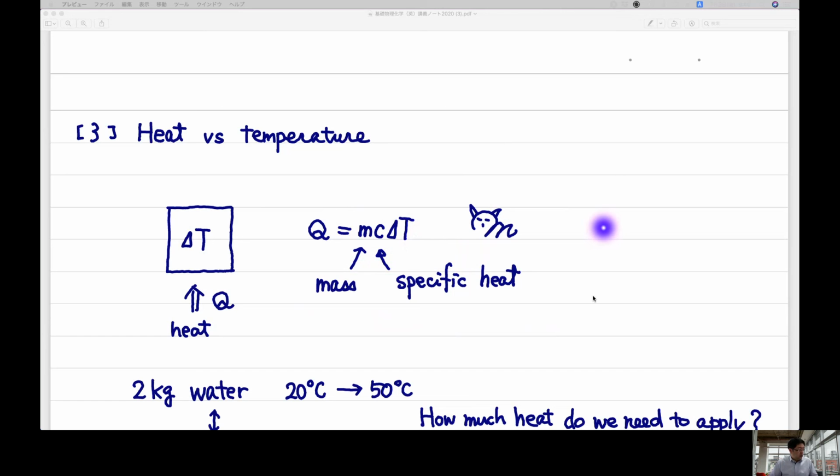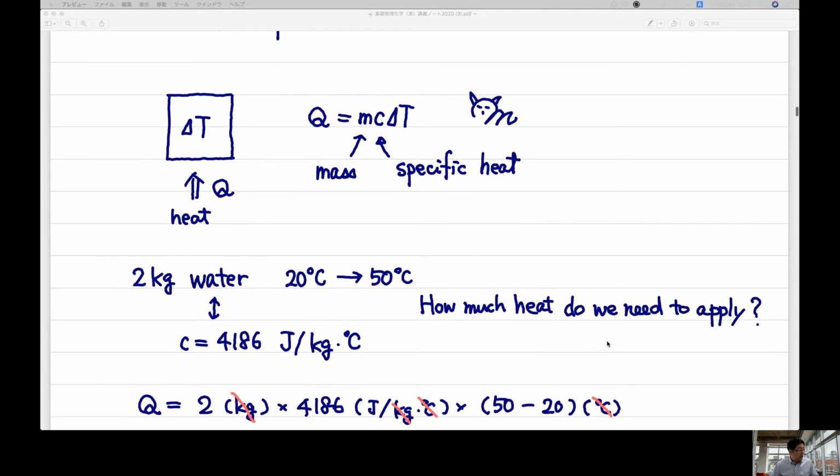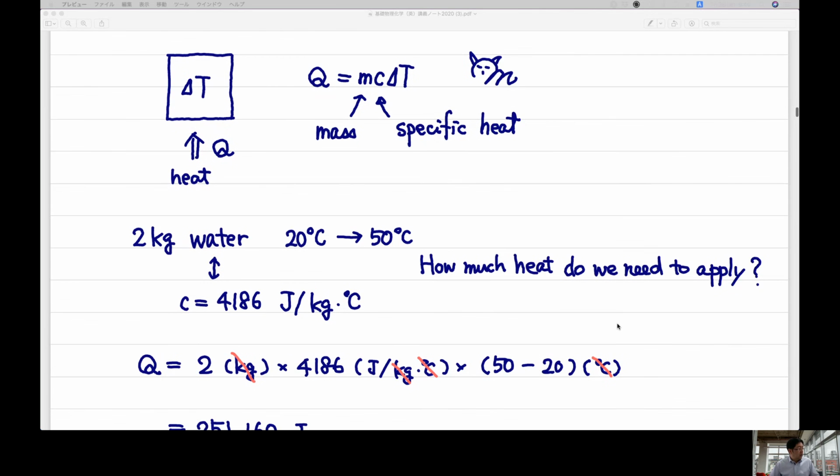How can you use this equation? Please try to think about how much heat we need to apply to change 20 degrees C water, 2 kilogram water, to 50 degrees C 2 kilogram water.